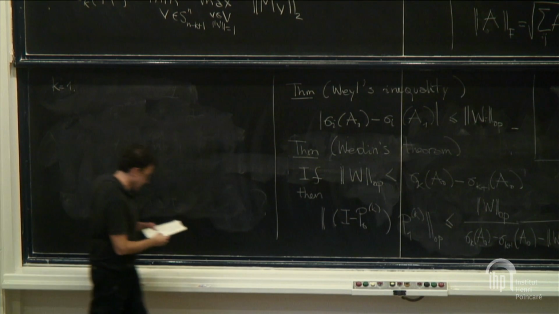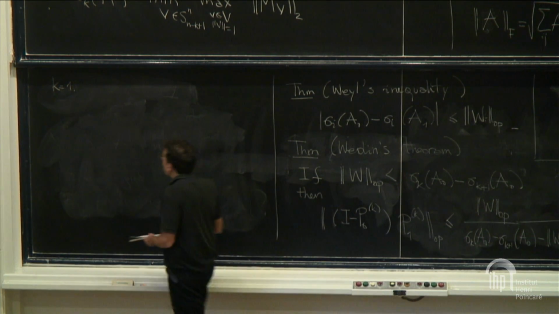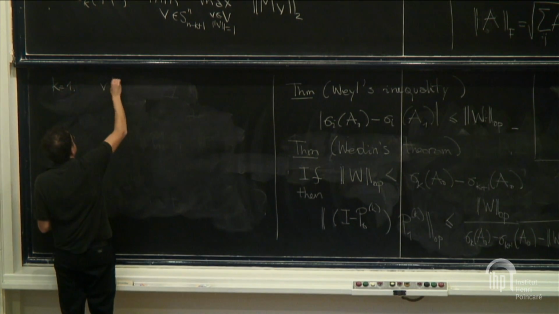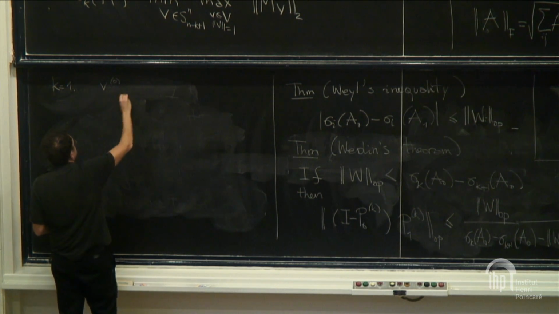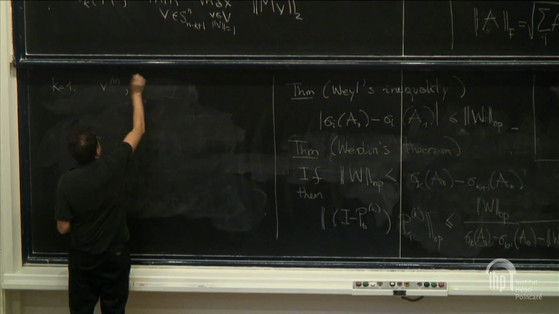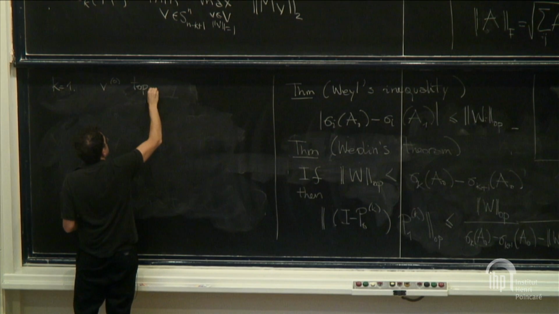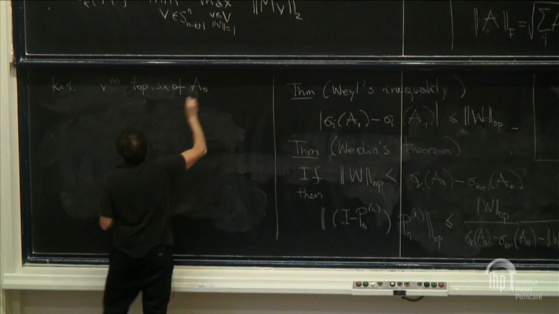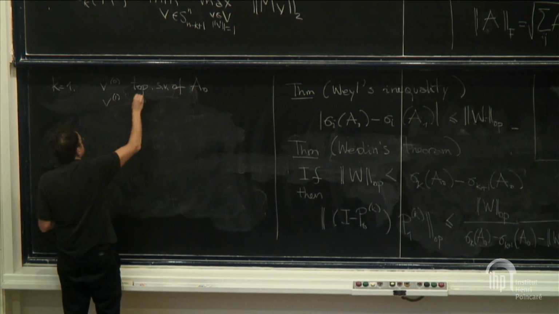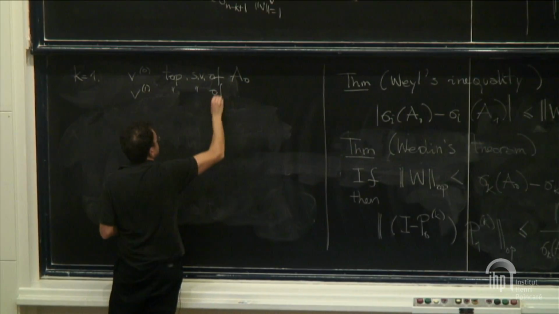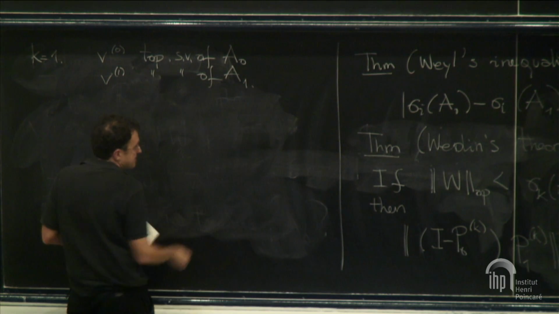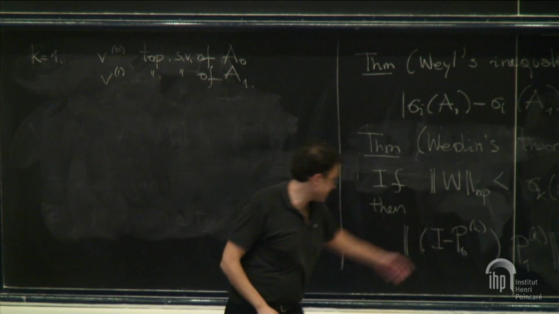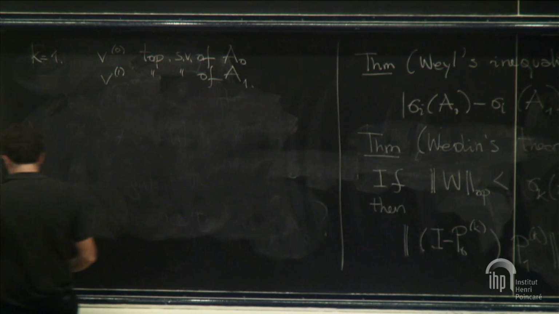So you have just one singular vector, and let's say V0 is the top singular vector of A0, and V1 the top singular vector of A1. And let's see what this mysterious distance is in that case.